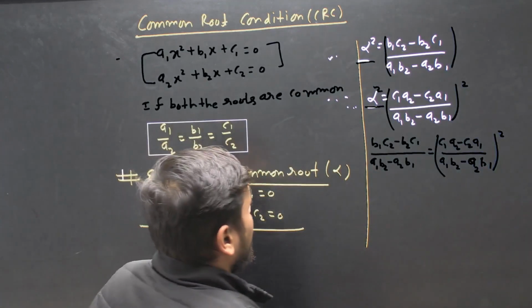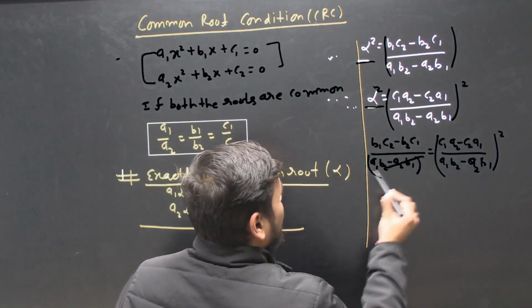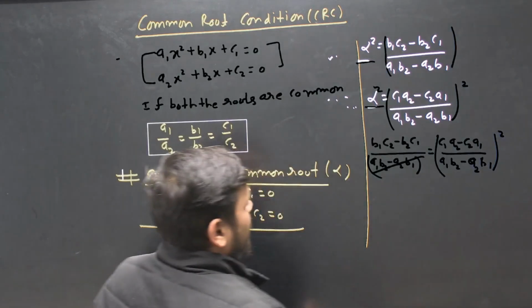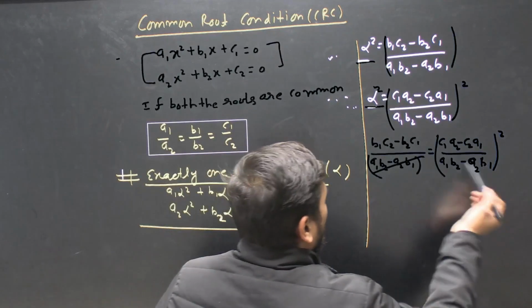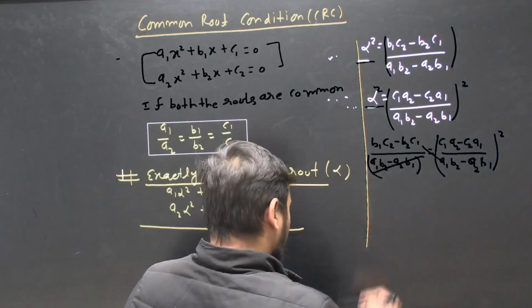Now you can see that one power of a1 b2 minus a2 b1 will cancel out, and the other we transpose to the LHS.